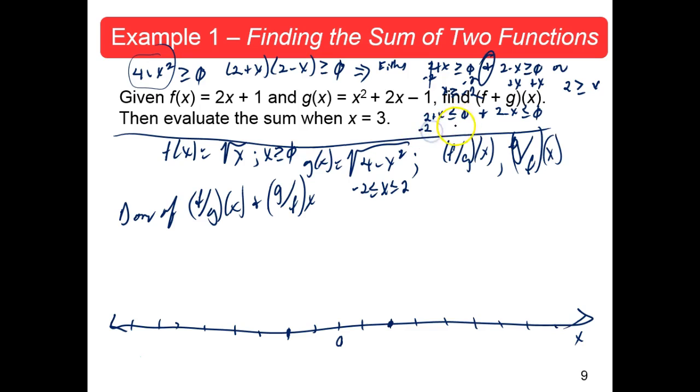Subtract 2 from both sides, and that gives you x is less than or equal to negative 2. There's my negative 2, and x less than that would be all values downhill from there, right? Okay, let's do the next one. 2 minus x is less than or equal to 0. Going to do the same thing you did before.